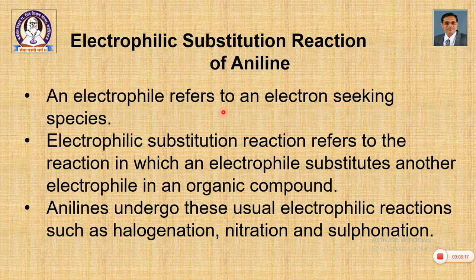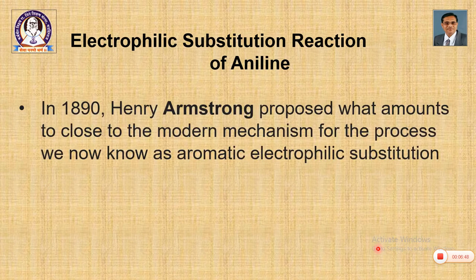Electrophilic substitution reactions refer to reactions in which an electrophile substitutes another electrophile in an organic compound. Aniline undergoes the usual electrophilic substitution reactions such as halogenation, nitration and sulfonation. Only these are expected as per our syllabus.